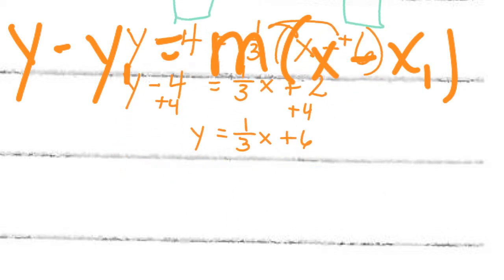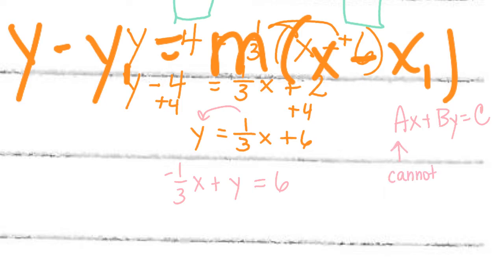Sorry about that. So in order to put it in standard form, we want it to look like ax plus by equals c. So I need to get this guy over by subtracting. One thing that you for sure need to know is that in standard form, the a cannot be negative nor a fraction. Well, guess what? This is both of those.